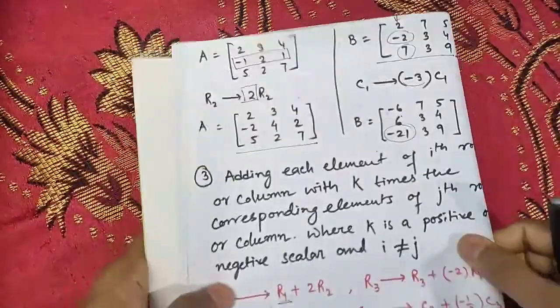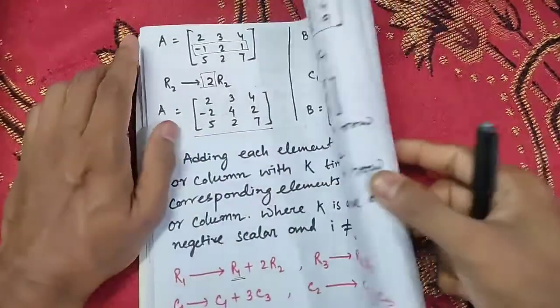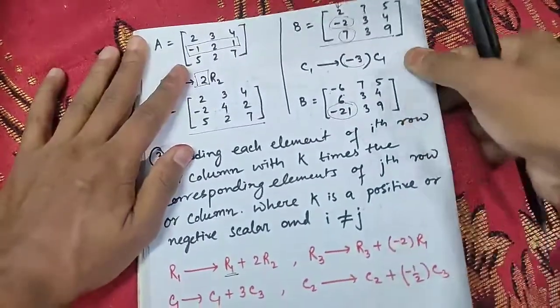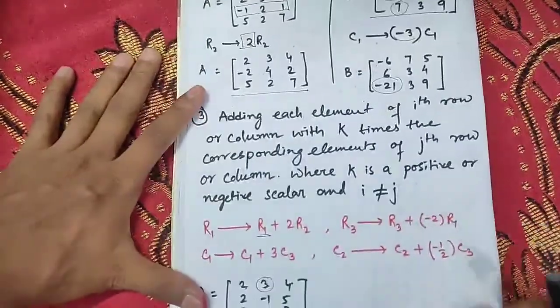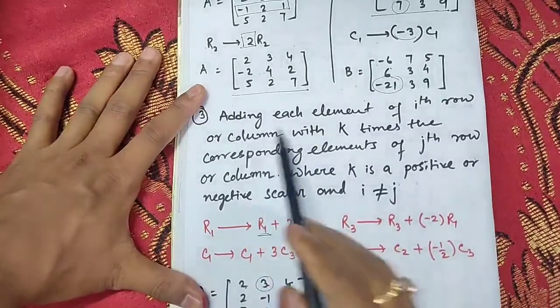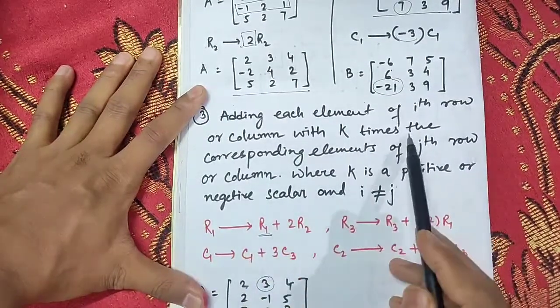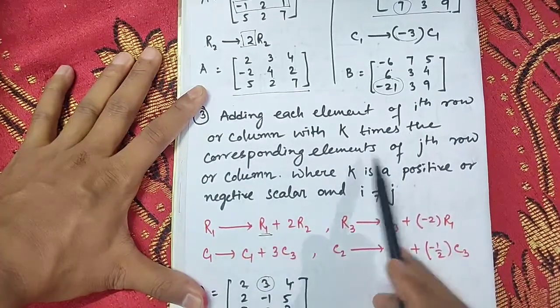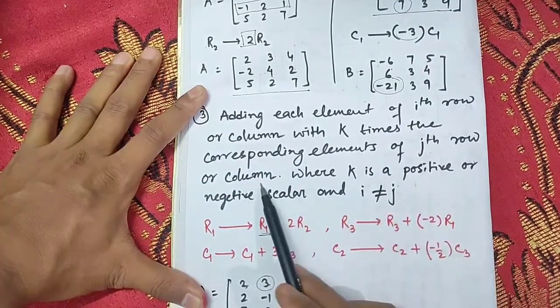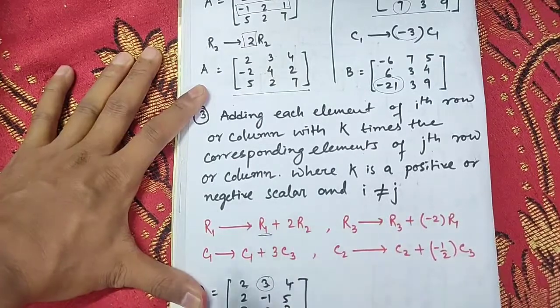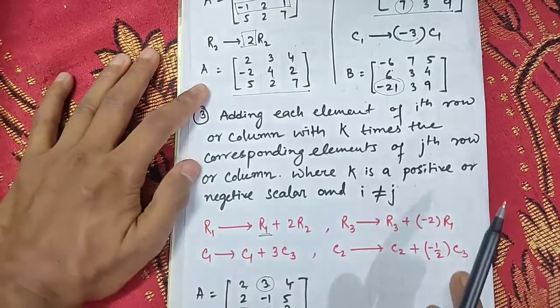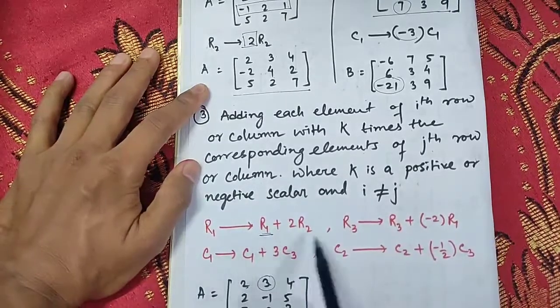And the third one is adding to each element of the ith row or column k times the corresponding elements of the jth row or column, where k is a positive or negative scalar and i is not equal to j. What does it mean? Just see the operation, it will be clear.